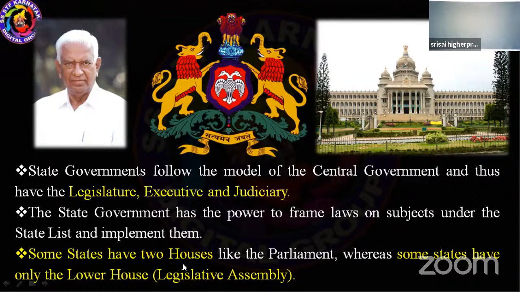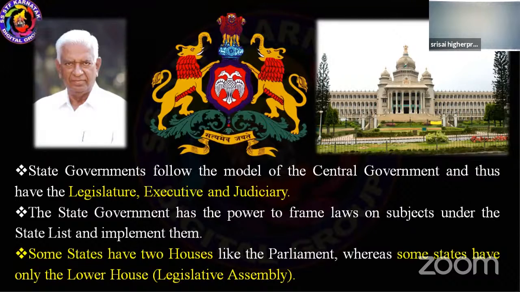Some states have 2 houses like the parliament, whereas some states have only the lower house, the legislative assembly. Of the 28 states, nearly 6 states have bicameral legislatures, which means both a legislative assembly and a legislative council.